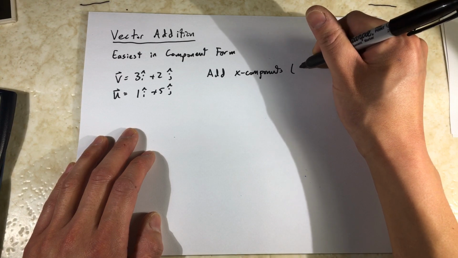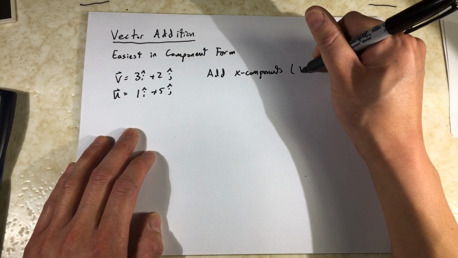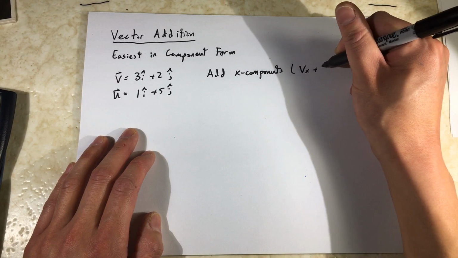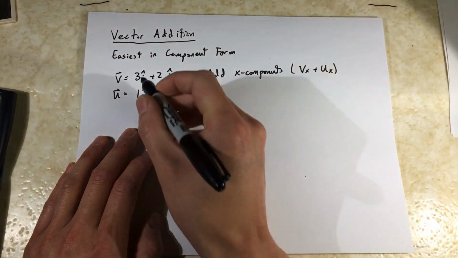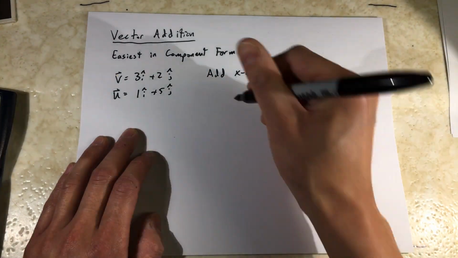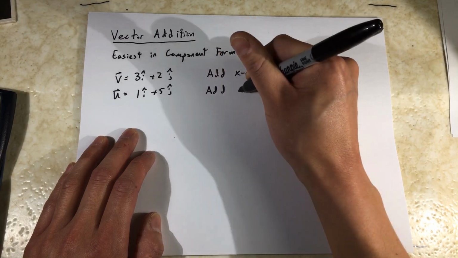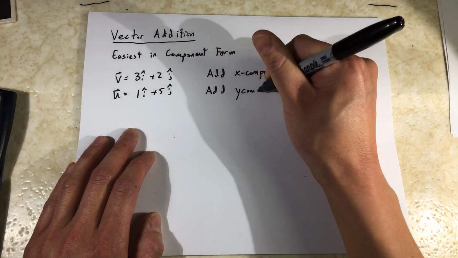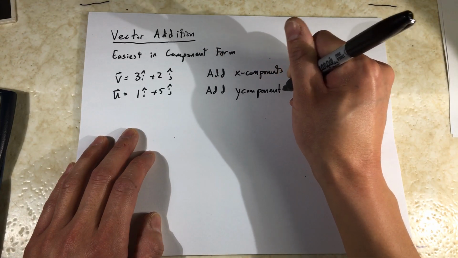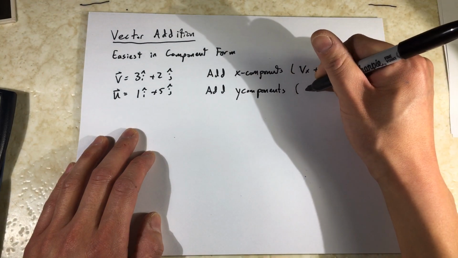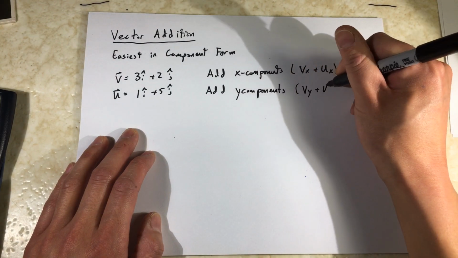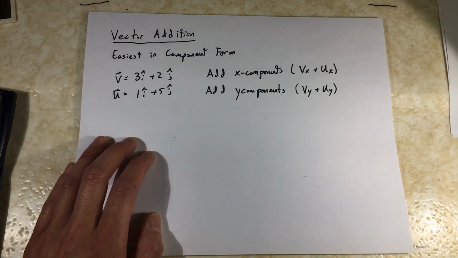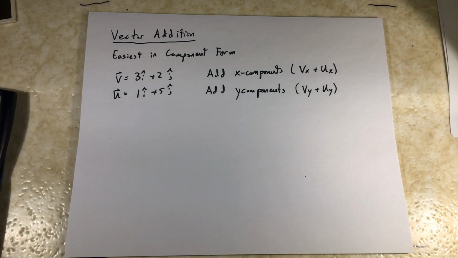So the x components are basically vx plus ux. That's the 3 and the 1 in that case. And then you add the y components, which are the vy and the uy. All right. So you add the x and y components.